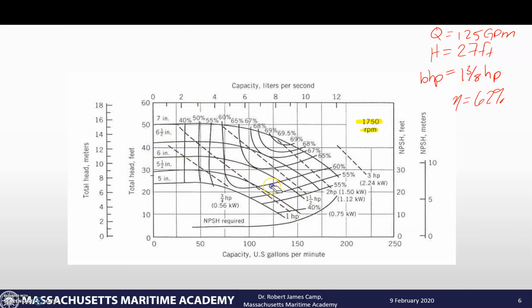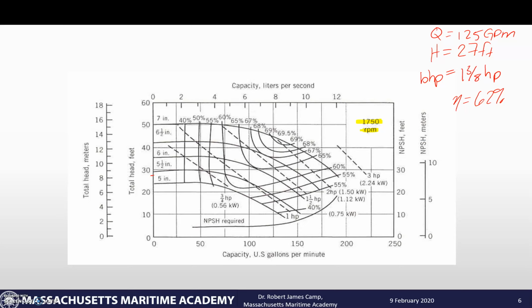Now, why don't we give you a chance to take a look at that? I want you all to take a look at the 6.5 inch impeller at 100 gallons per minute, and then we'll pick up.